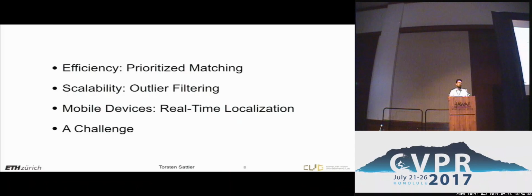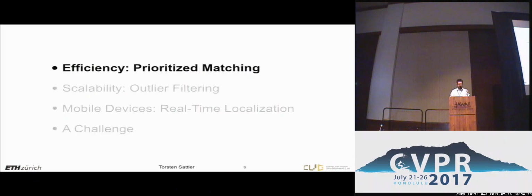And then the third topic is essentially also a scalability problem, but not to larger scenes, but to mobile devices with limited memory and compute, under the additional pressure of trying to get things to run in real time. And then the last topic is a challenge or a new benchmark dataset that we are going to release soon on arXiv on day and night matching, and that we are pretty excited about.